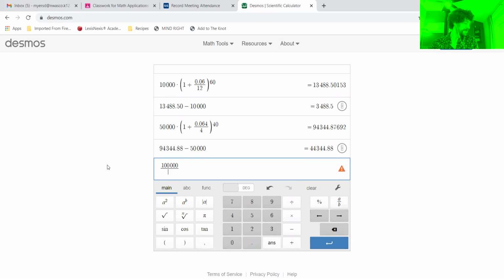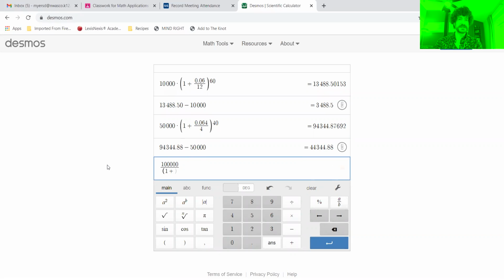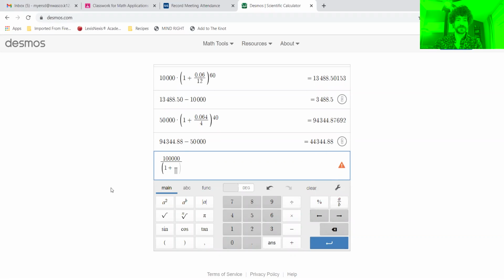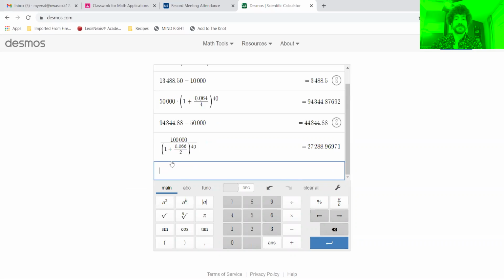And then underneath, I'm gonna do that parentheses, 1 plus, and then another fraction, 0.066 over 2, close that parenthesis, and then to the 40th power. And that's exactly what it looked like on our paper. So as long as we can write it on the computer just like it looked on the paper, that'll do the math for us, and there it is.